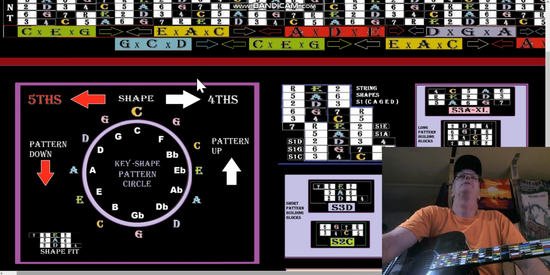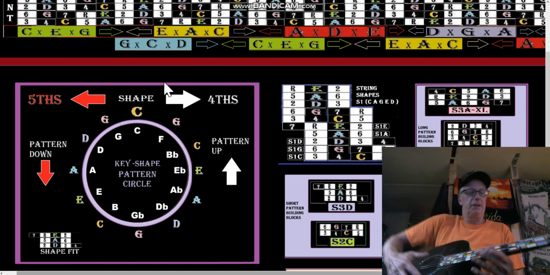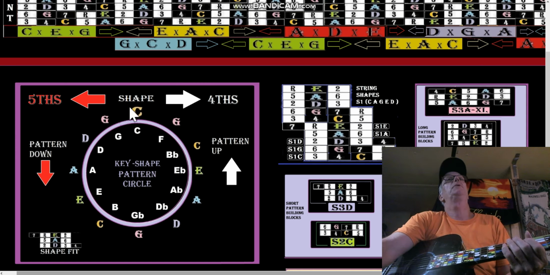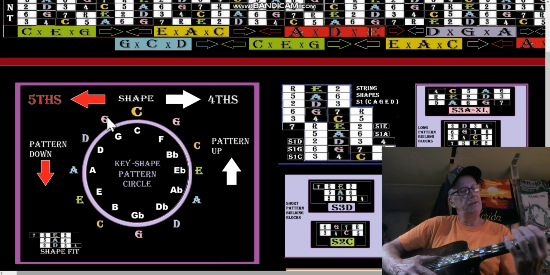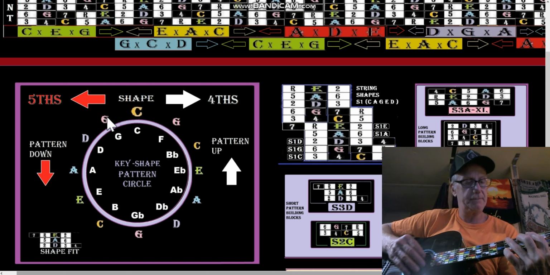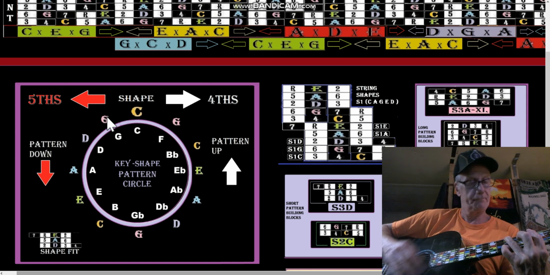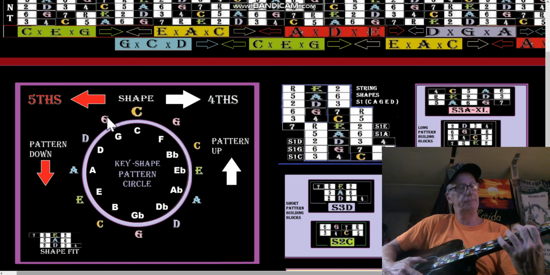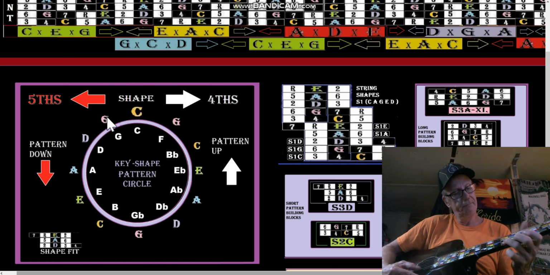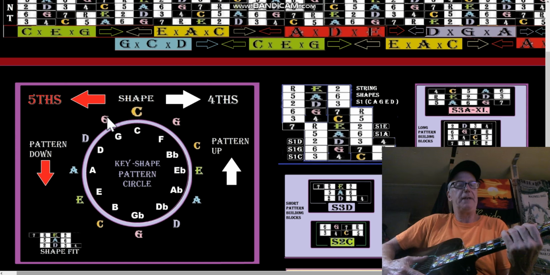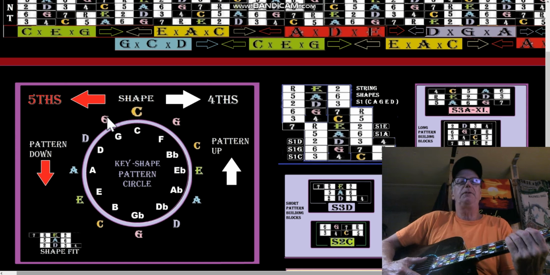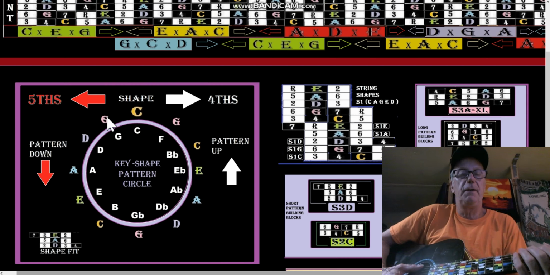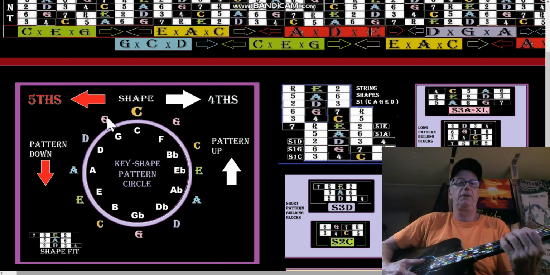Use the concept here. So starting on a C shape, going to the left. Now this is how to get the fifth of it. What's the fifth of C? It's going to be that G shape, right? So we just take that C pattern. We're going to move it down, and the way to move it down is to go to the pattern that is a fifth string shape from the bottom string.